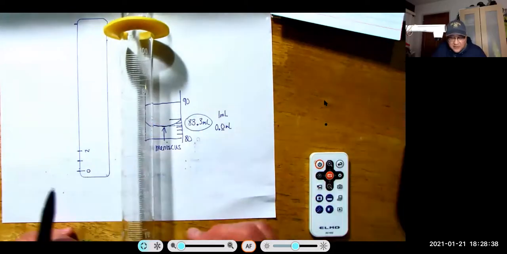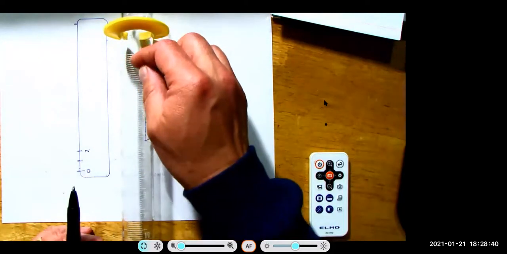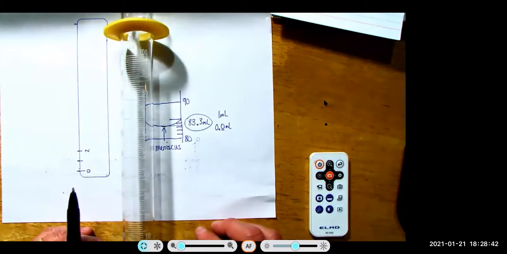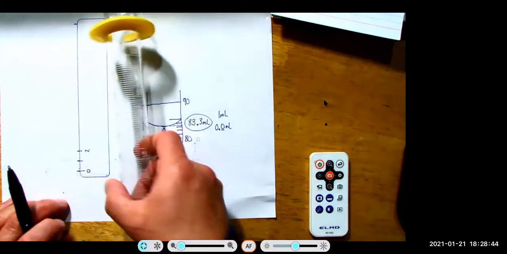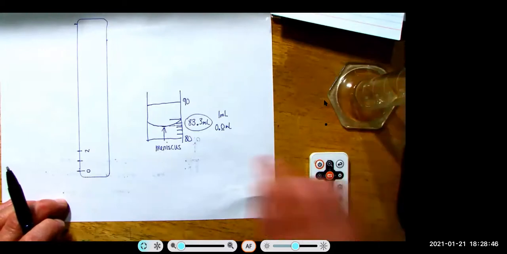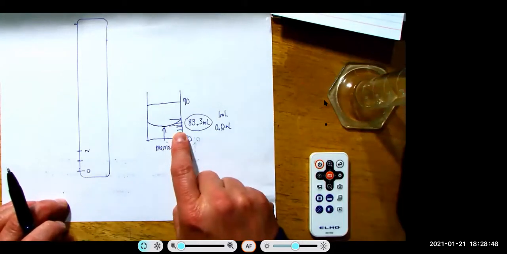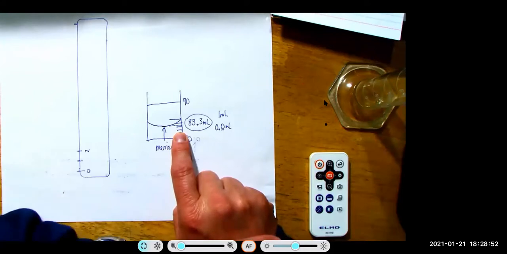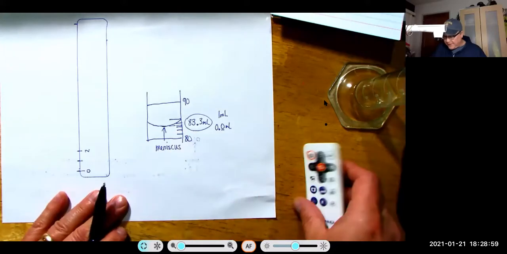And so here the tick marks are the milliliters. So 83.3 is what you know to accuracy, but can't you add an additional estimated number after the point, 0.3? No, the 0.3 is the estimate.